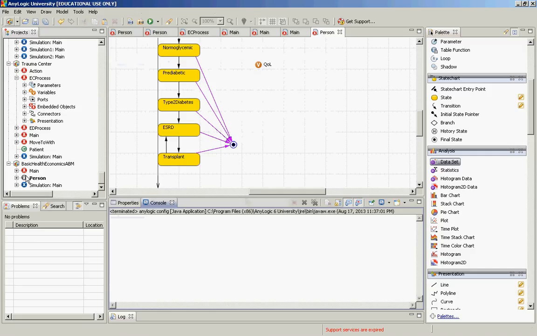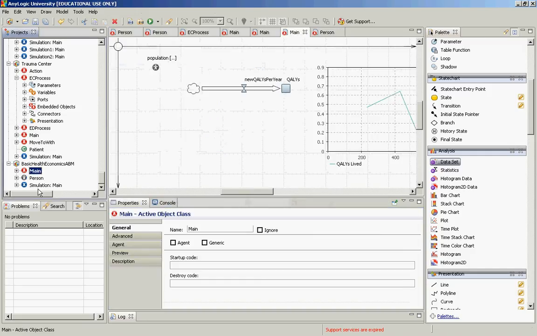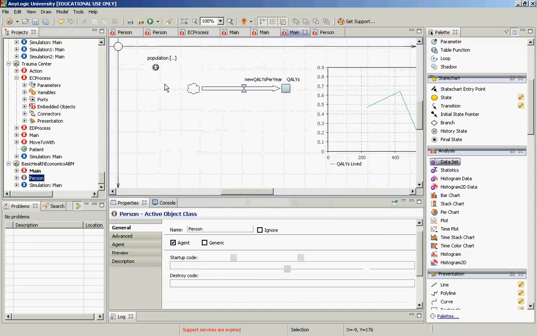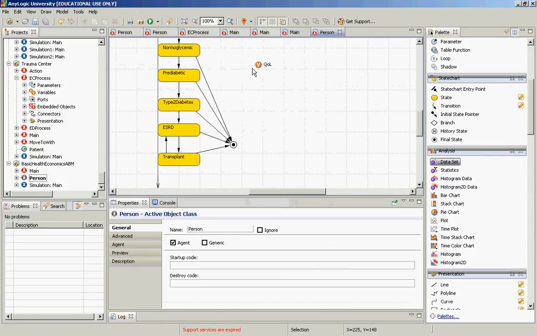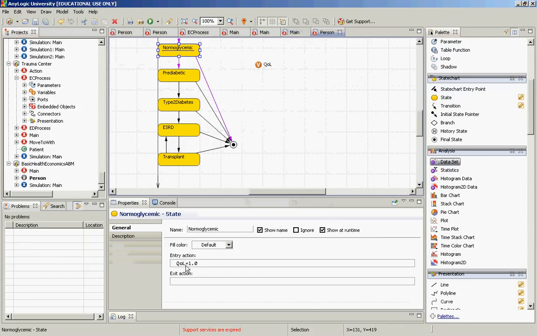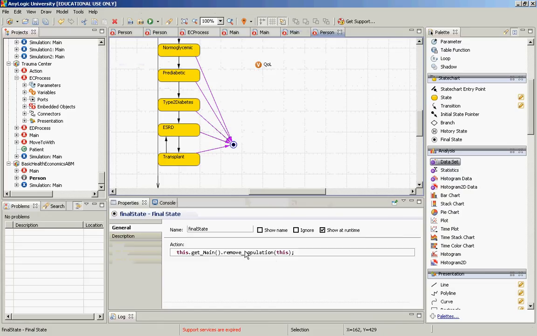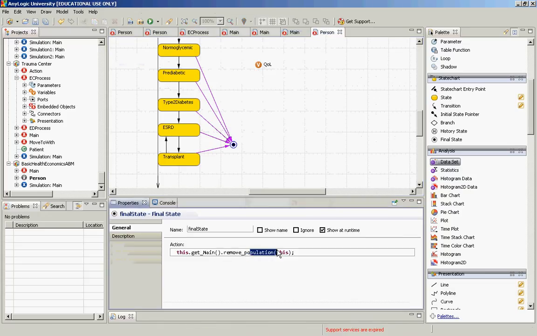Having seen that, big picture, what we had is an individual, a set of life states, and quality of life being determined by the states, in this case by assigning to this variable. That's just one way to do that. Another way, we'd have a function that, based on the state, returns the quality of life. It's probably cleaner. And when individuals died, we removed them from the population by going up to Main, which takes responsibility for the population, saying, hey, remove me from this population.